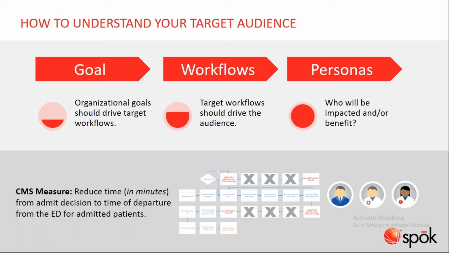That's really throughput during the hospital admissions process. You can then map out the workflow of each individual, document and process that's involved in moving the patient from the ED and getting them admitted, and figure out who's involved, who is in that workflow. At that point, you can distill it down into the personas, who's going to be impacted and or benefit from the change to the workflow.